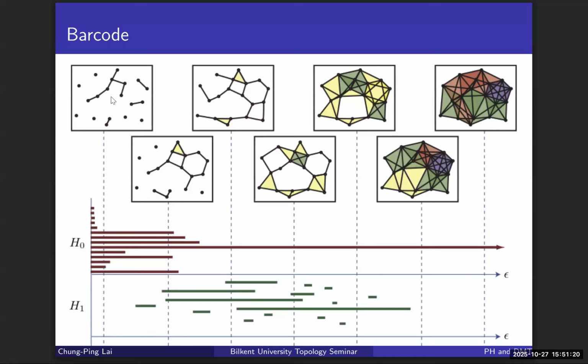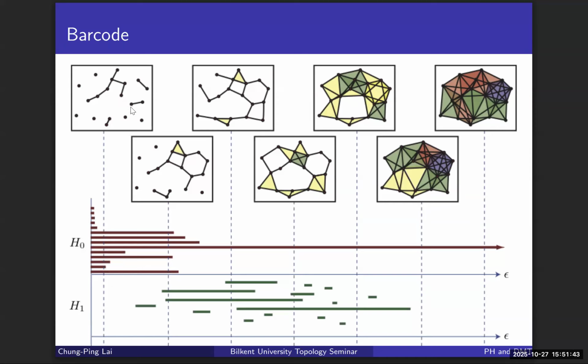So now you have the same set of vertices, but as you move from left to right, you contain more and more simplices, especially the higher dimensional simplices, because of finite subsets with radius bounded above, right?